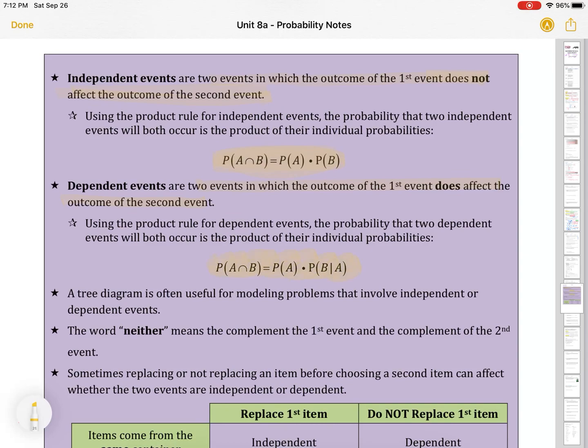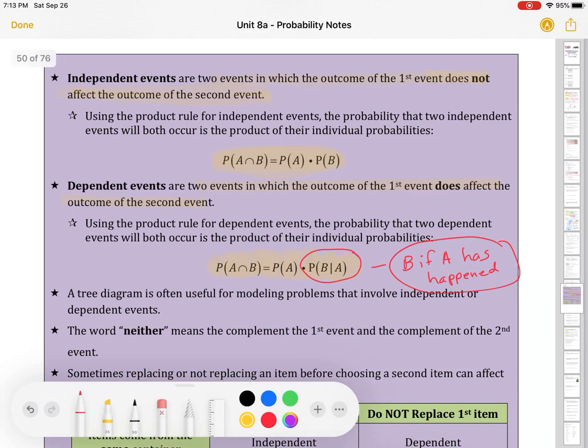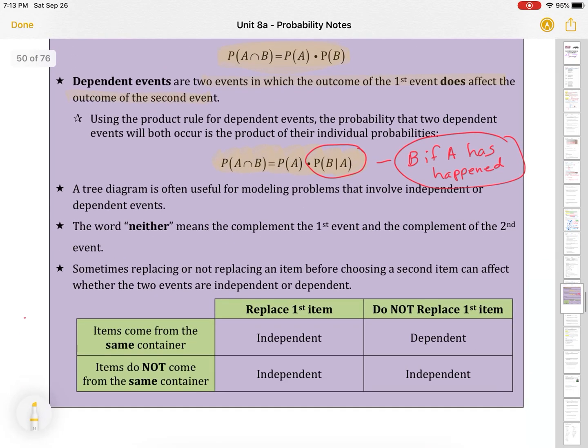Dependent events are 2 events in which the outcome of the first does affect the outcome of the second. So this is if you do not replace. So you take a card but you don't replace one. And we have a slightly different formula because this second part here means B if A has happened. Okay?